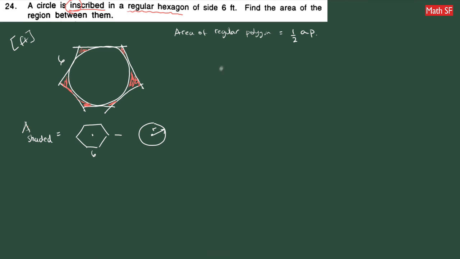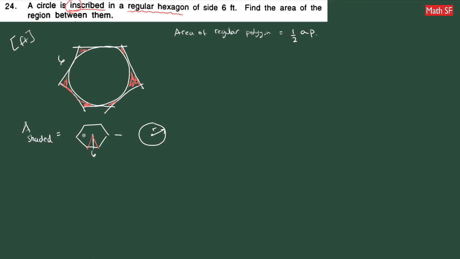So let me just focus on finding this area. Do I have the perimeter? Yes, I can find it because it's a regular hexagon. Do I have the apothem? The apothem is this measurement here. For that, you need to break this into triangles.